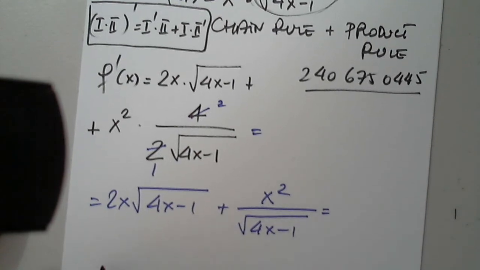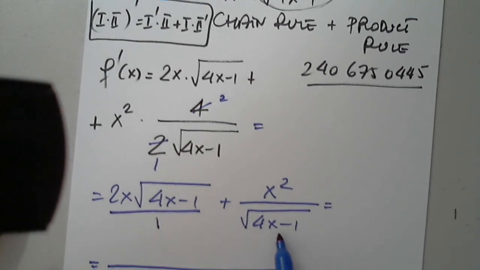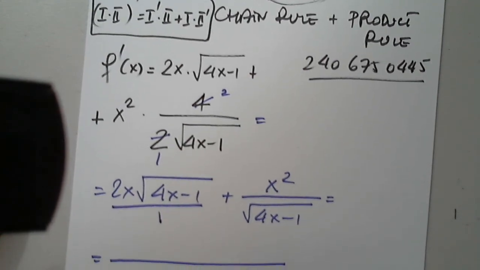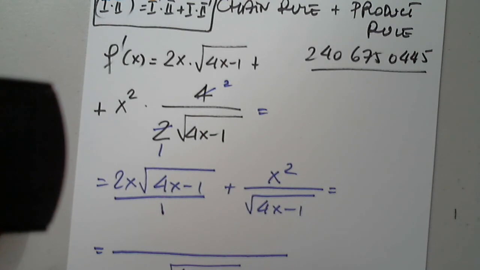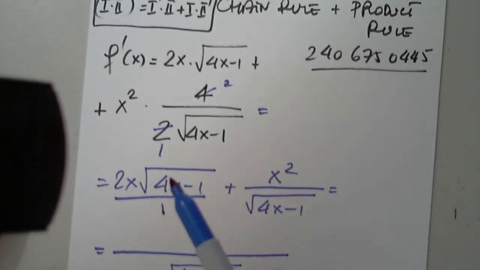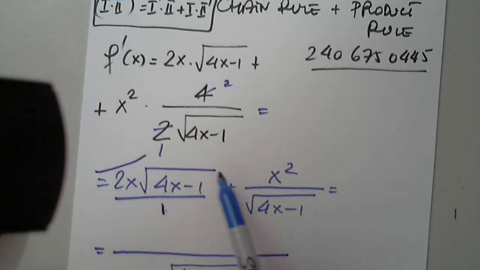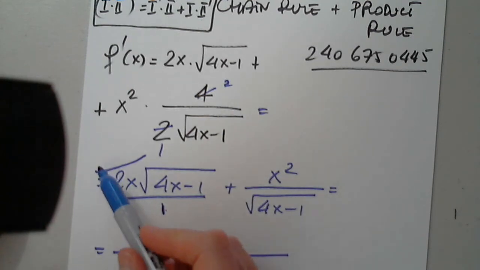The least common denominator, so we have to continue here. There is only one denominator, this is over 1. So then there is no discussion. The least common denominator is the square root of 4x minus 1. And because this has 1, I need to multiply the numerator by the square root of 4x minus 1.